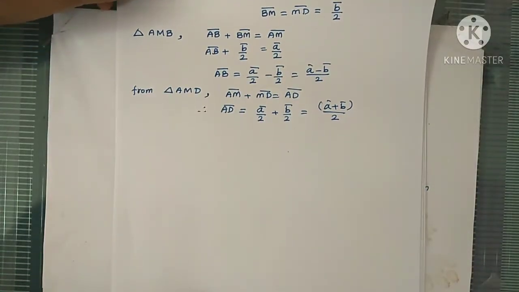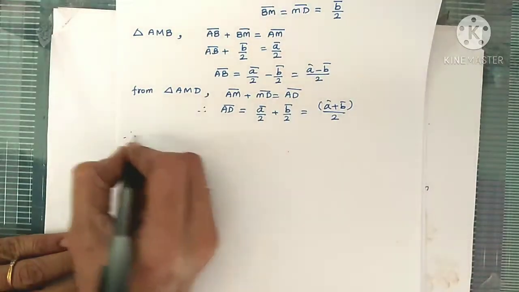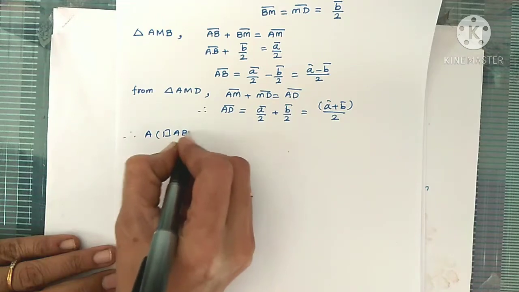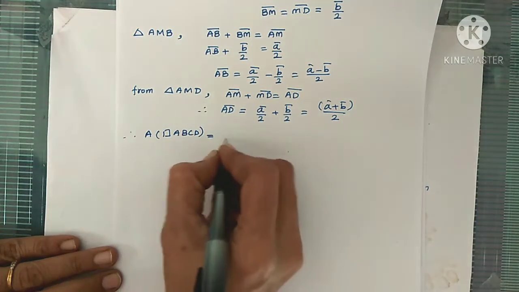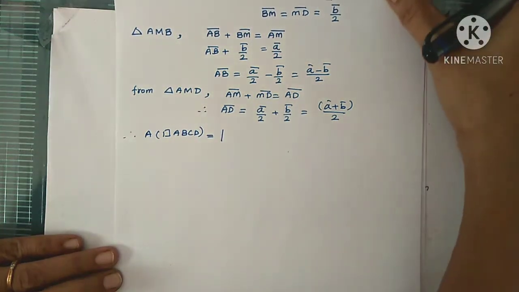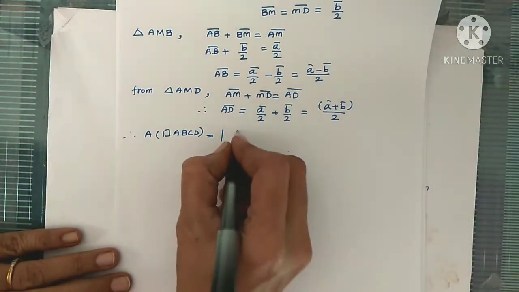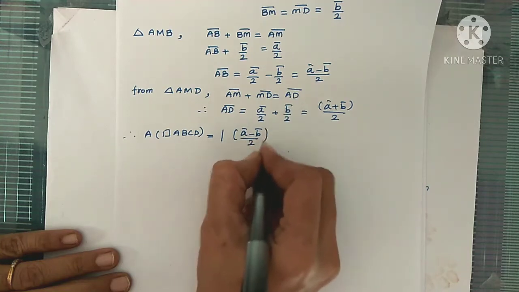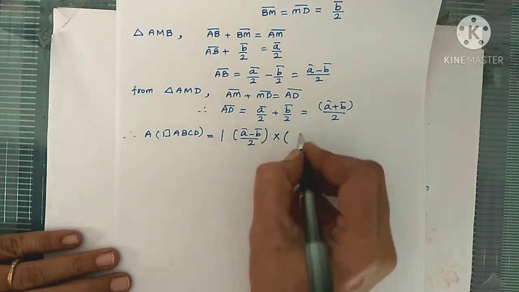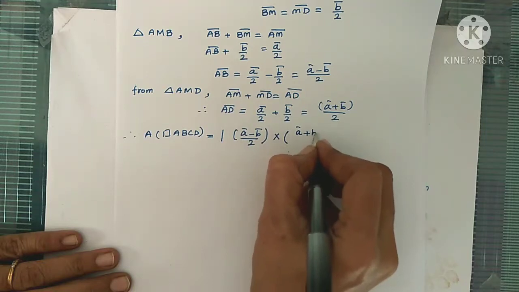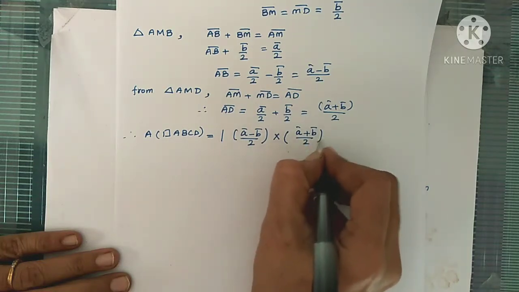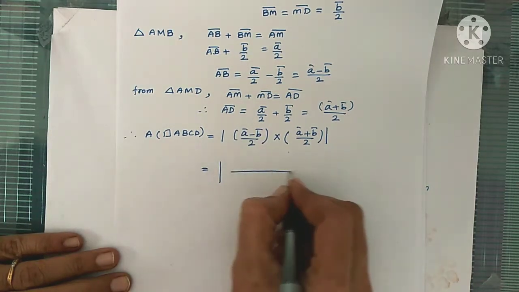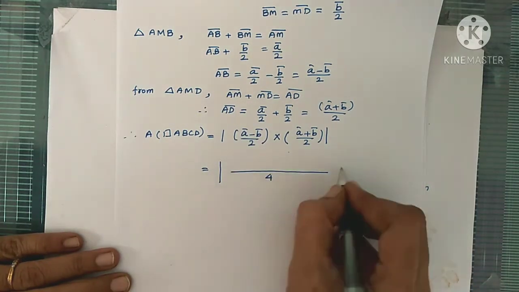Therefore the area of parallelogram ABCD equals AB bar, which is A bar minus B bar upon 2, cross product AD bar, that is A bar plus B bar upon 2, equals, in the denominator we have 2 into 2, so that becomes 4.